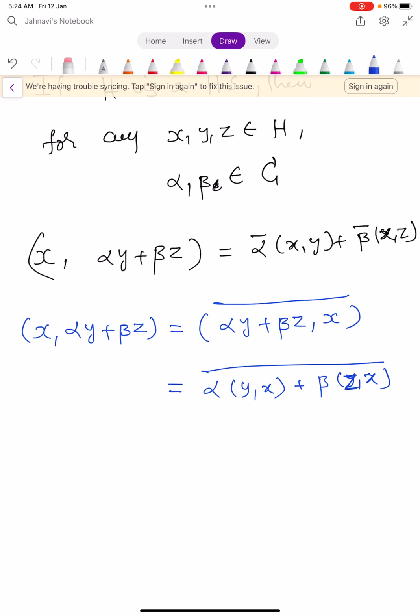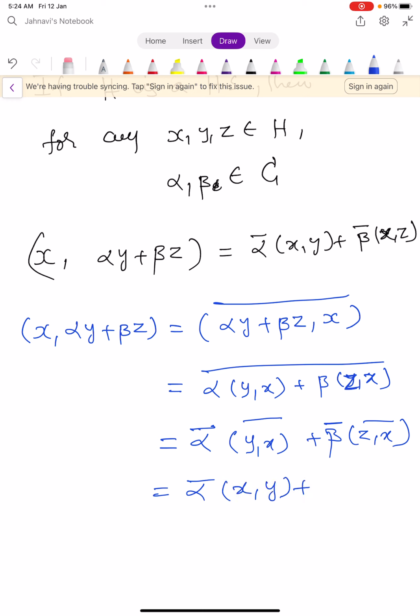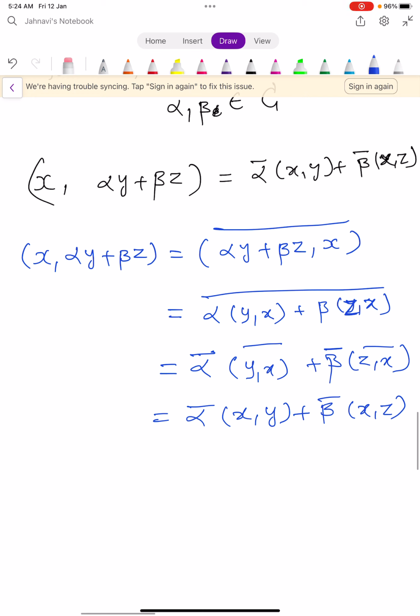If you split the conjugate, you can write it like this: alpha bar into inner product of y comma x, bar, plus beta bar into inner product of z comma x, bar. The conjugate of the inner product of y comma x is nothing but the inner product of x comma y, and the conjugate of the inner product of z comma x can be written as the inner product of x comma z. This is the required property.